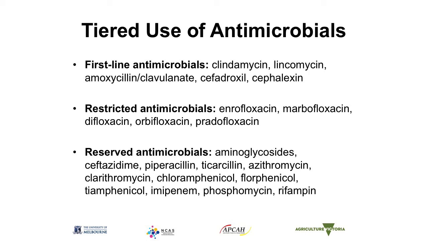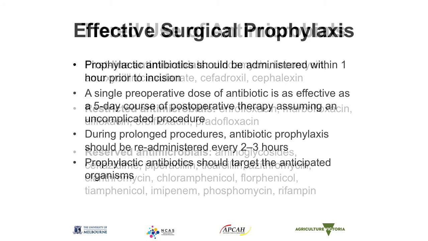And finally, a reserved list of antimicrobials that should only be used when diagnostic microbiology recommends that they are the most appropriate drug for that particular situation. Of course, all of this usage should consider local jurisdictional restrictions on antimicrobial use as well.